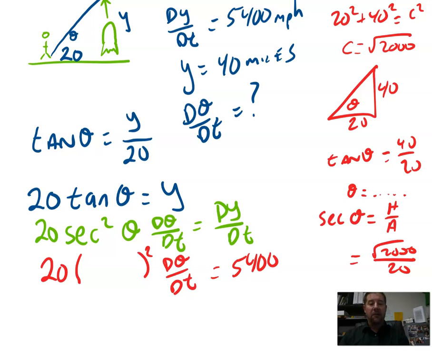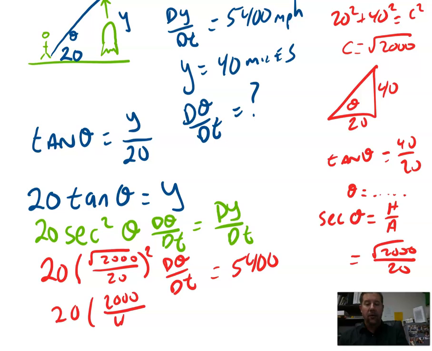So I don't actually need to find out what theta is. I can just find that ratio, and I can plug it in here. And look, I haven't grabbed a calculator yet, but this is working out all real nice for me. If I now square everything, I get 20 times 2,000 over 400 d theta dt equals 5,400.